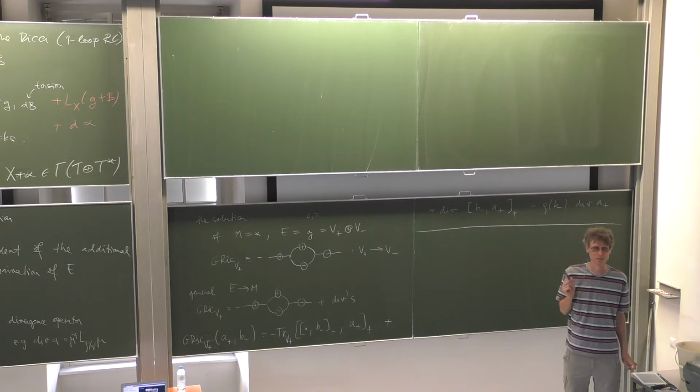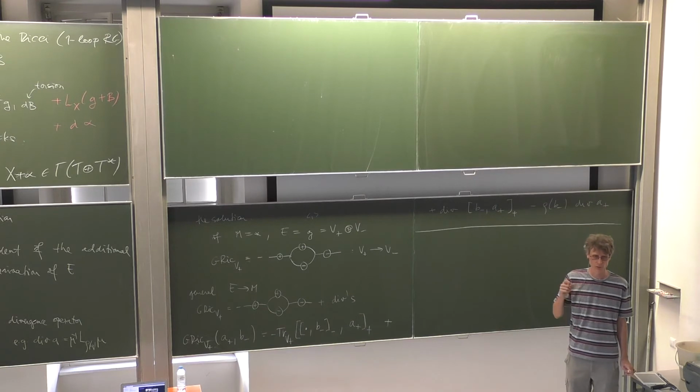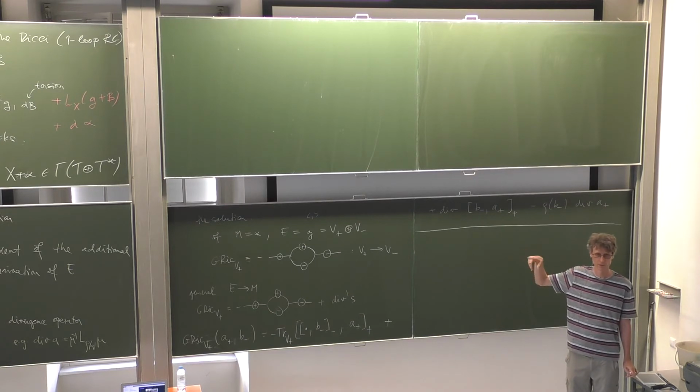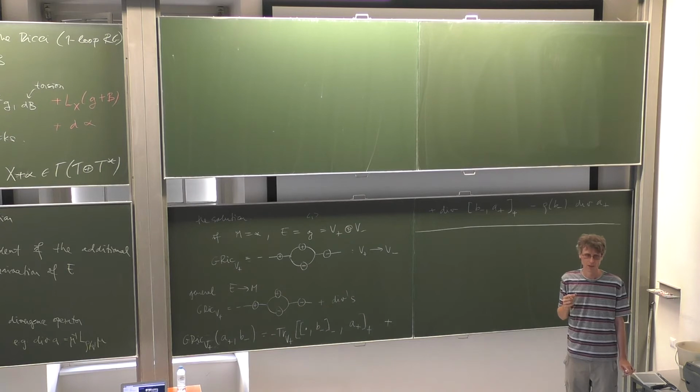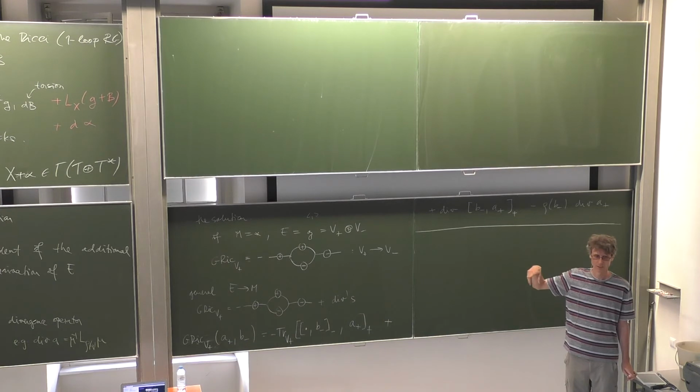Yes, there's a question. Do you have any ideas on how to do this for higher loops? Okay, so the question is that this was a one-loop RG thing, and how to do it for higher loops. It's a very good question. I don't know. I still imagine that it should work.